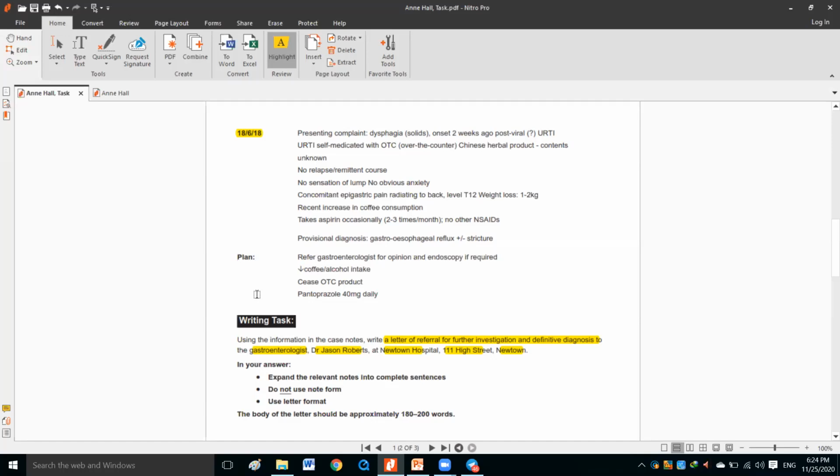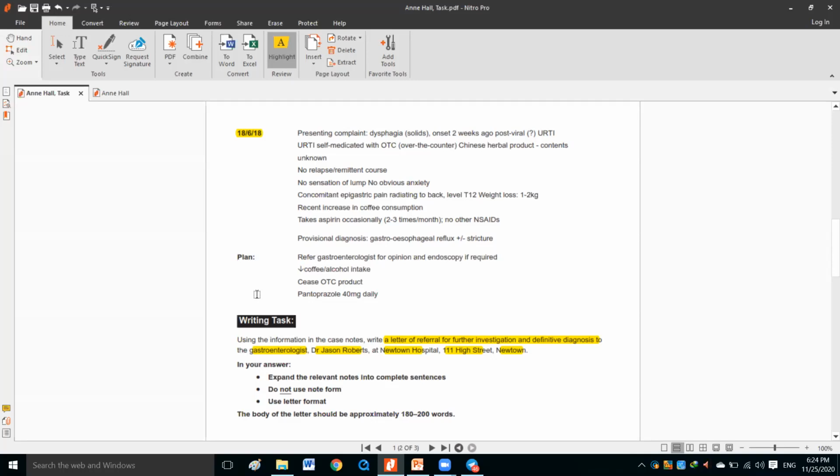Provisional diagnosis gastroesophageal reflux plus or minus stricture. Plan: refer to gastroenterologist for opinion and endoscopy if required, decrease coffee and alcohol intake, stop over-the-counter product, and pantoprazole 40 milligram per day.